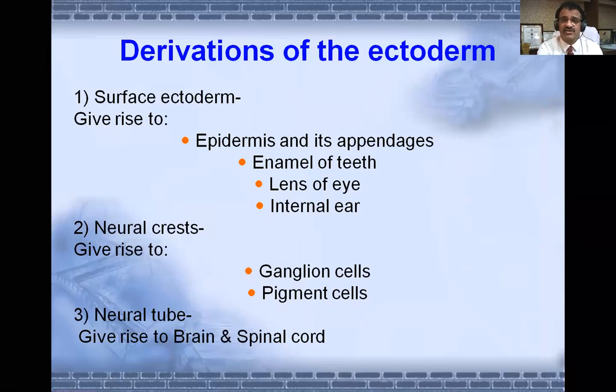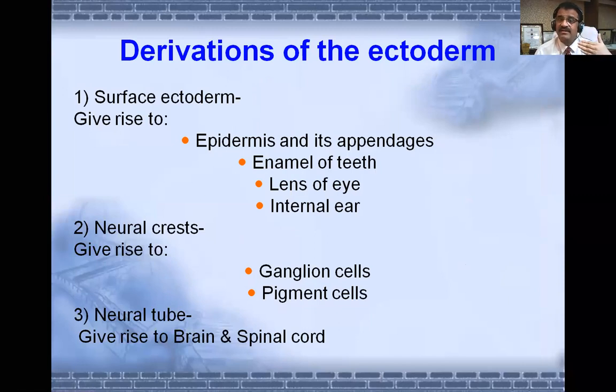First is surface ectoderm. The ectoderm you have in three types: surface ectoderm, neural crest, and neural tube. So surface ectoderm will give rise to epidermis and its appendages. Appendages means hair and nail and glands. Then plus surface ectoderm will give rise to enamel of teeth. So enamel of teeth is by ectoderm.